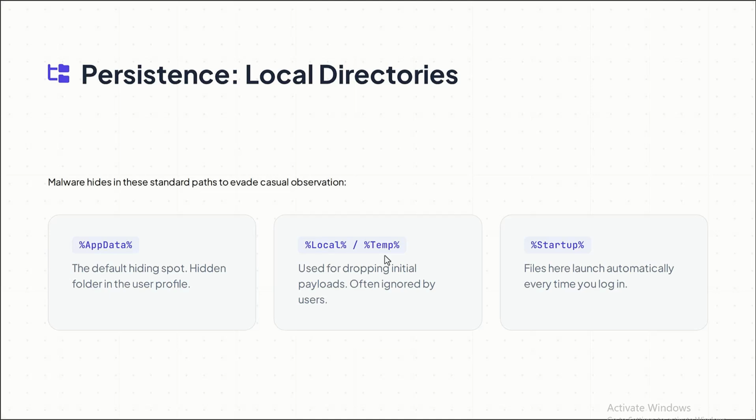Well, malware also hides in standard paths to evade casual observation. You can actually and simply detect suspicious samples and payloads if you see them moved into AppData, Local Temp, or startup folders in your operating system's directories.